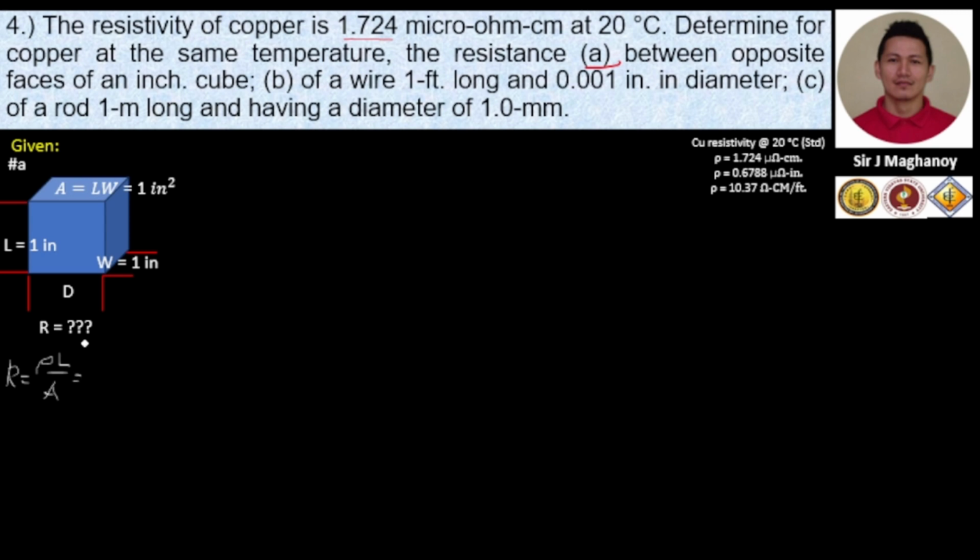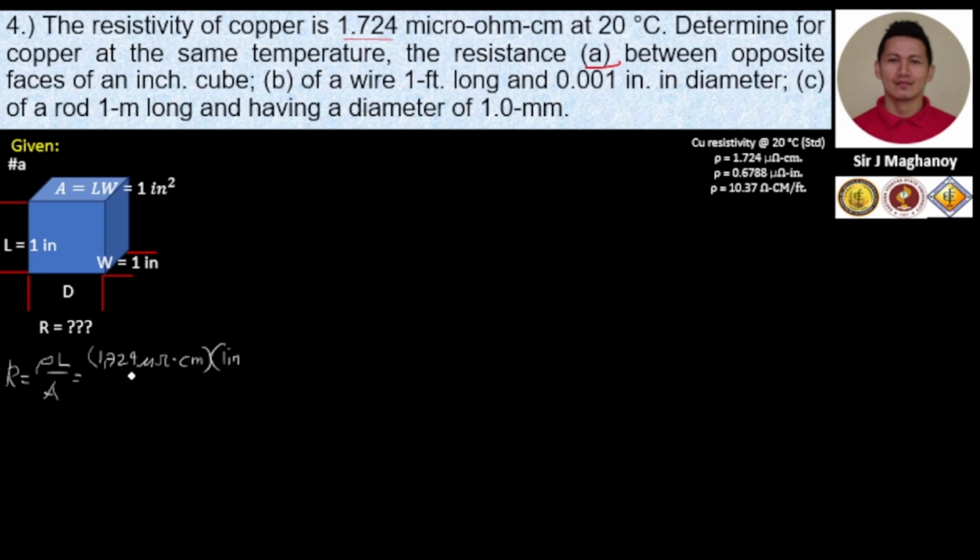So we have a given value for our resistivity, that is 1.724 micro-ohm centimeter. As for our length, we have 1 inch.